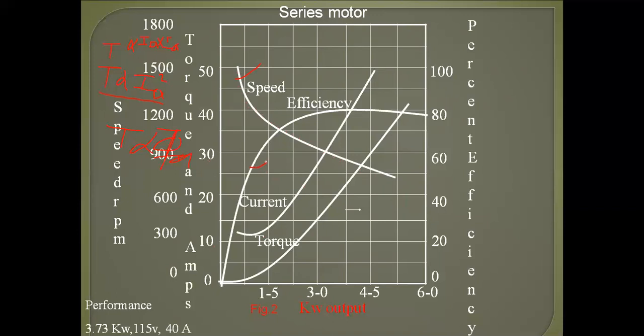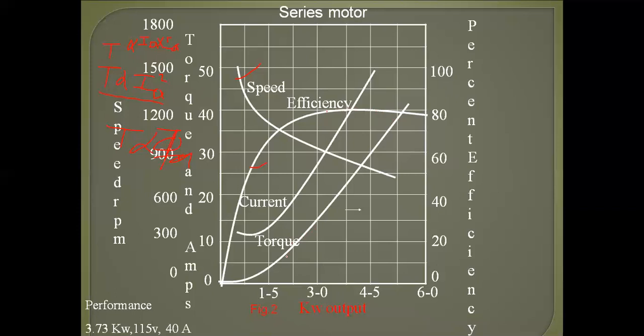Next, this is the efficiency curve. The efficiency increases rapidly in the beginning, reaches a maximum and then decreases. This is due to the fact that at light loads, the friction and iron losses are large compared with the load, and the effect of these losses becomes less with increasing load.